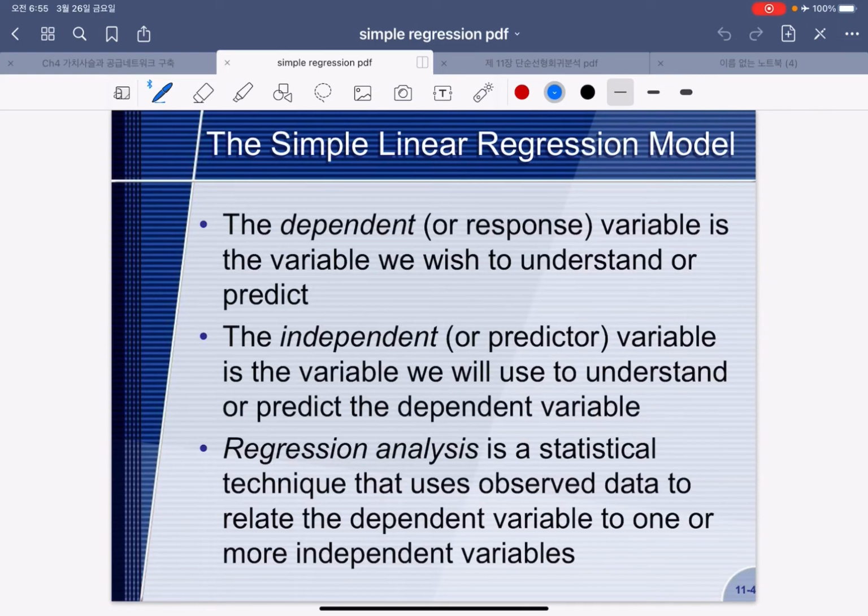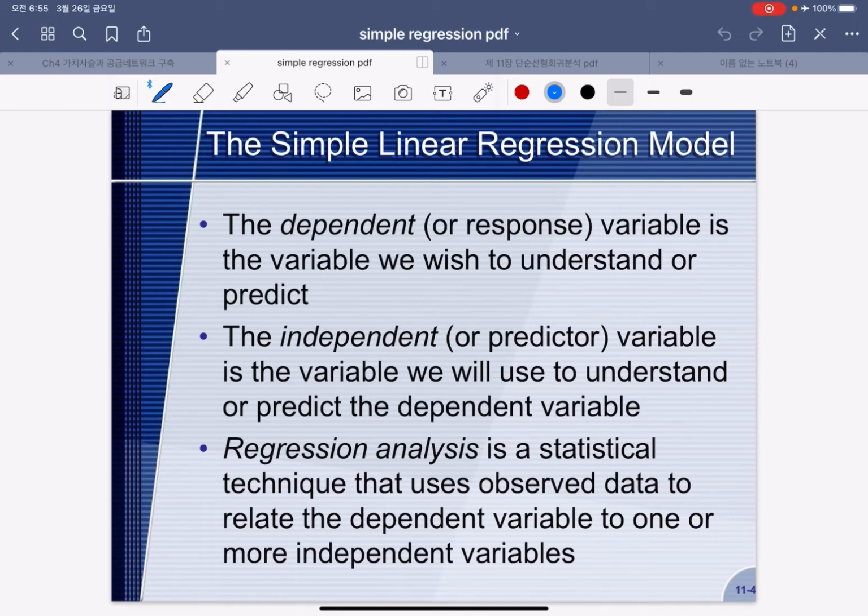The simplest way to describe what the regression is to say that regression analysis is a technique which is used to find a relationship between independent variable and dependent variable, right? Just like linear equation, suppose you have dependent variable y and independent variable x.